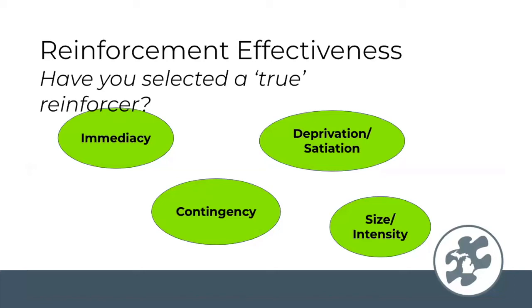Contingency. You only want to deliver that reinforcer for that appropriate target behavior, similar to what I talked about with the deprivation. Size and intensity, is it worth it? So if an individual was engaging in a new action, very difficult, very hard, are you going to reward them and reinforce them with one M&M, or are you going to give them a handful?